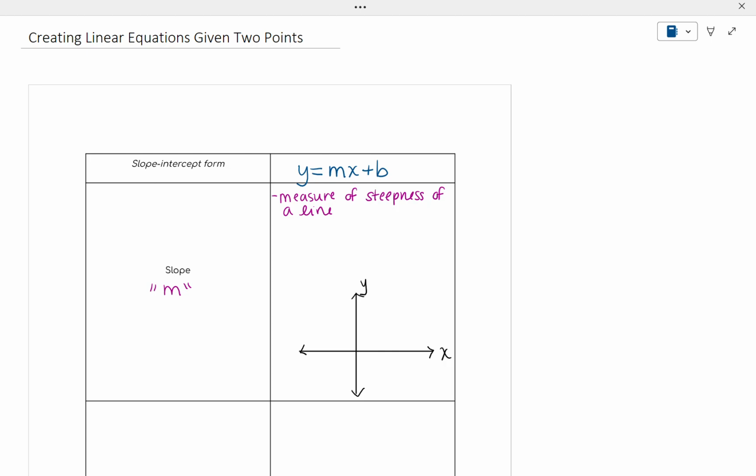So measure of steepness of a line. And the slope m is also equal to the rise over the run. Or this can be known as the vertical change over the horizontal change.